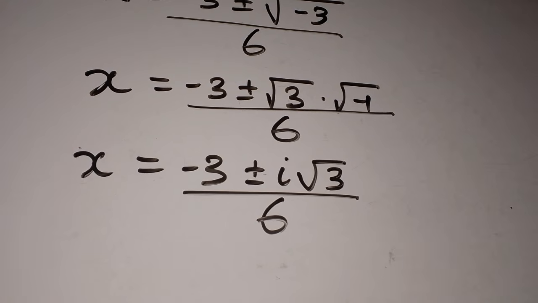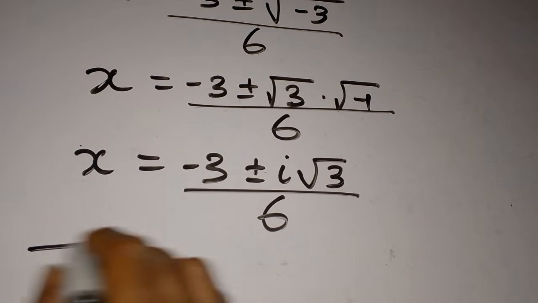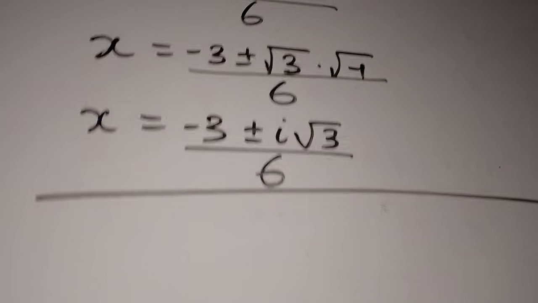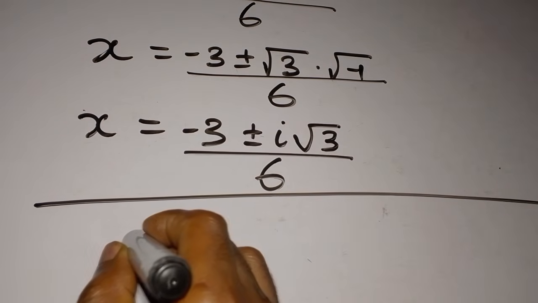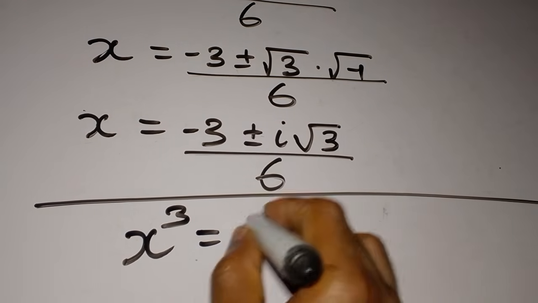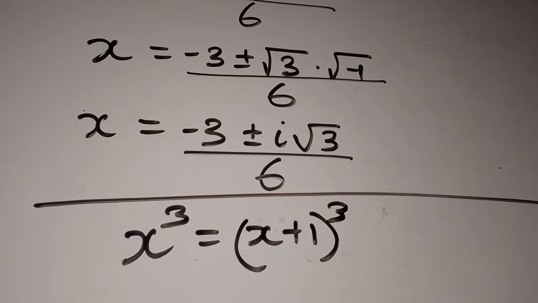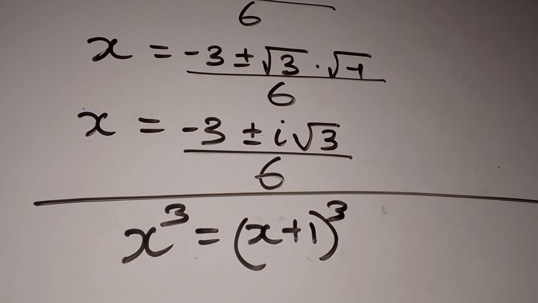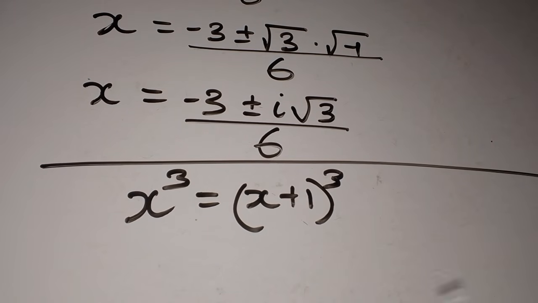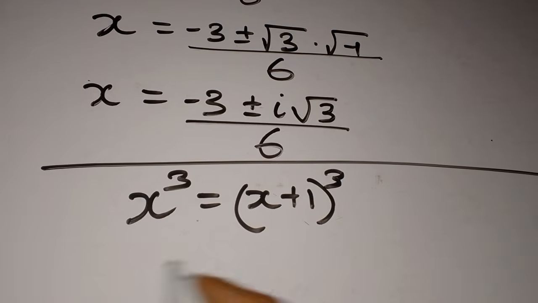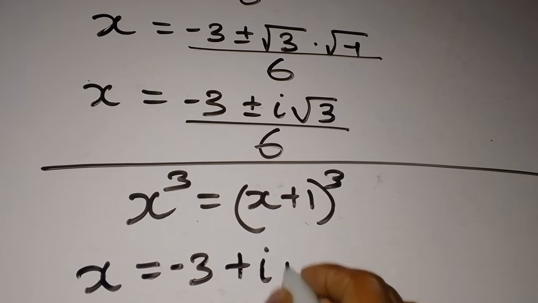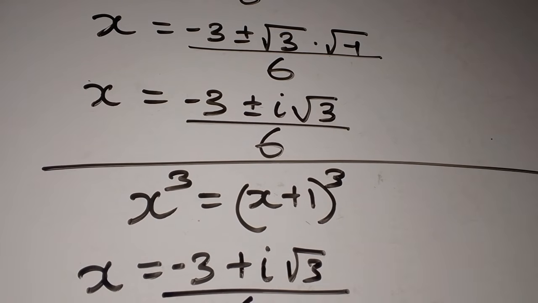So let's bring the complete solutions together. By the way, the equation is x cubed equals (x plus 1) cubed. So this is the equation that we have solved. And from the work that we did using the difference of two cubes, we have x1 equal to minus 3 plus i root 3 all over 6.